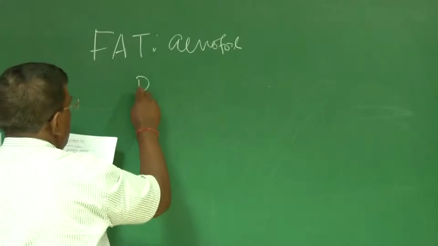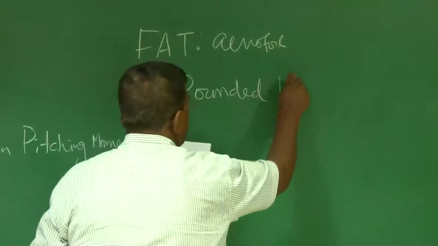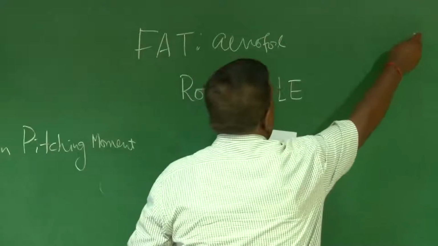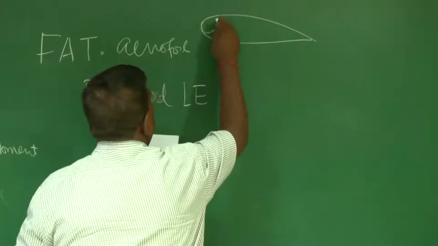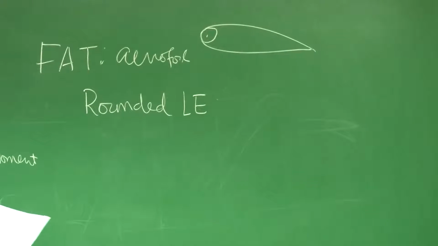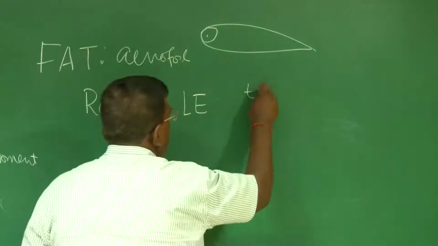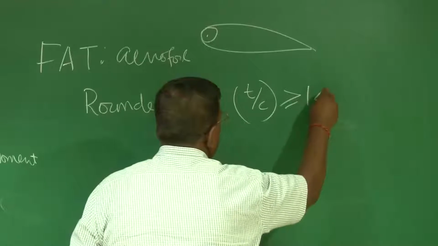That is rounded. What are the characteristics? Rounded leading edge. That is, if I draw an aerofoil, this leading edge is rounded. I can put a circle here. And T by C, thickness to chord ratio, is greater than or equal to 14%.